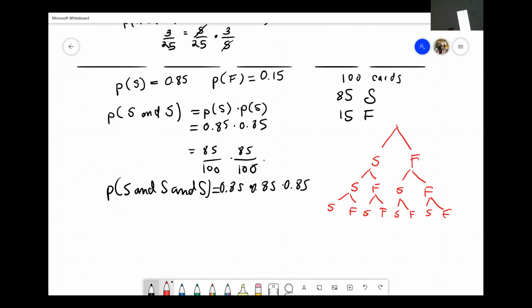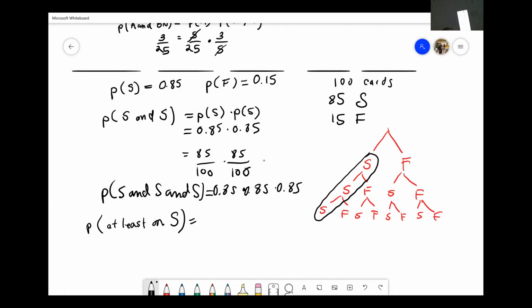Now, I might want to ask a question: what's the probability of at least one success? What happens is this meets the criteria. That's at least one success. This meets one criteria. That meets one success.